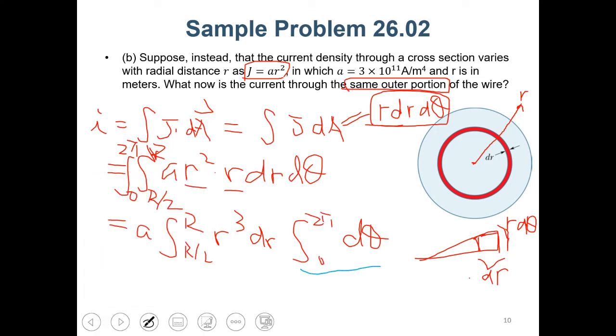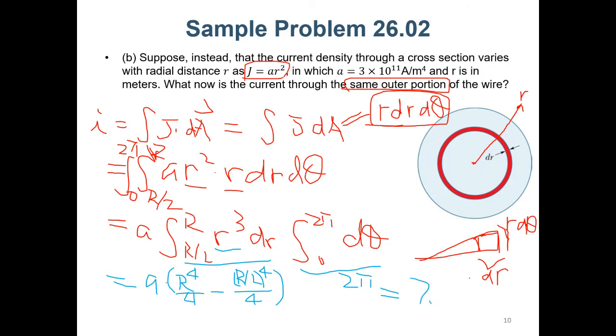So this is nothing but 2 pi times R to the 4th power over 4 minus (R over 2) to the 4th power over 4. After you plug in all the values, you can get the result to be 7.18.